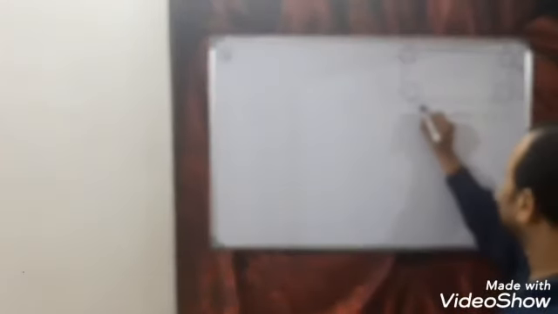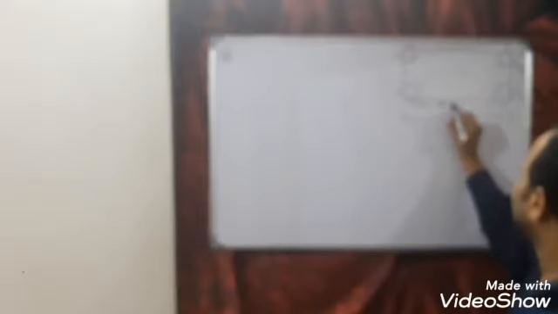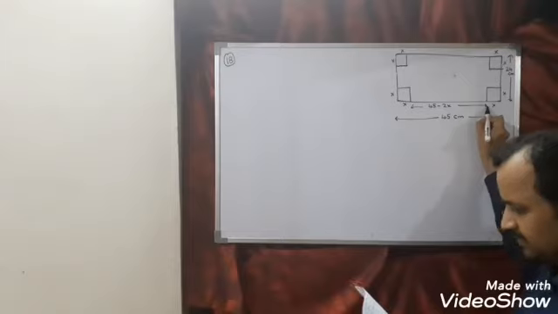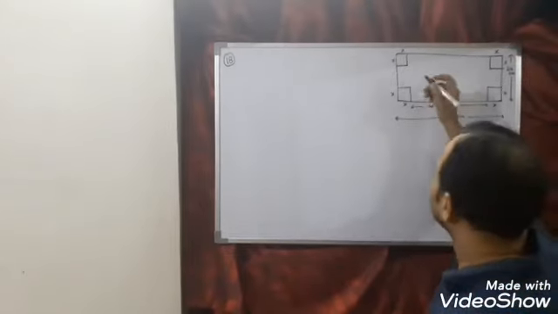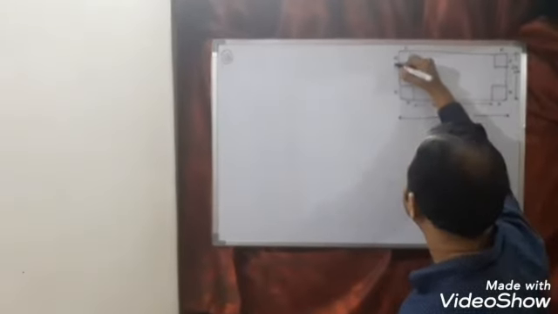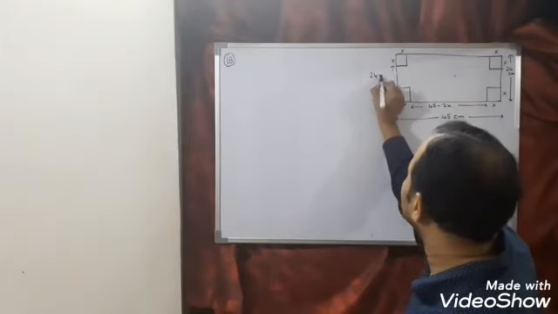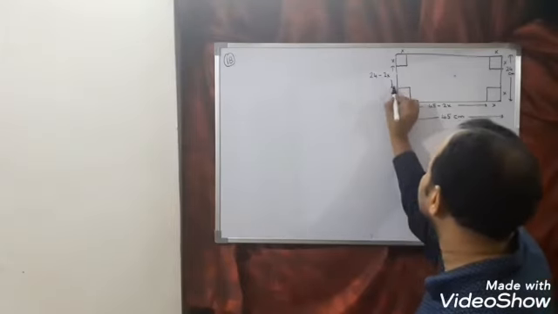If this is 45 centimeter, what about this length? This is 45 minus 2x centimeter. Same way, this total is 24, so this length is 24 minus 2x centimeter.